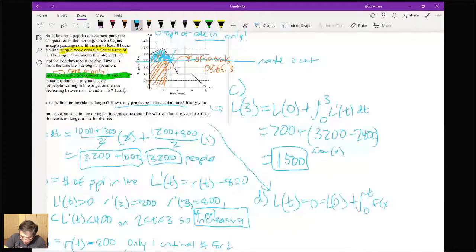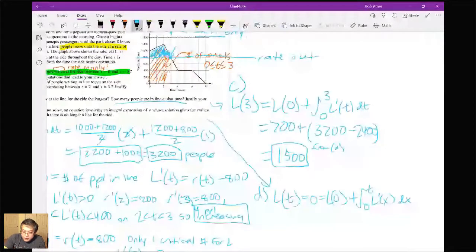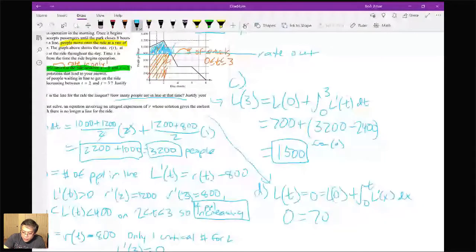I'm changing the variable here. No one is actually going to complain at you if you don't change the variable, just so you know. But it says it's an integral expression of R. And so I need to go back to the definition I made for it.